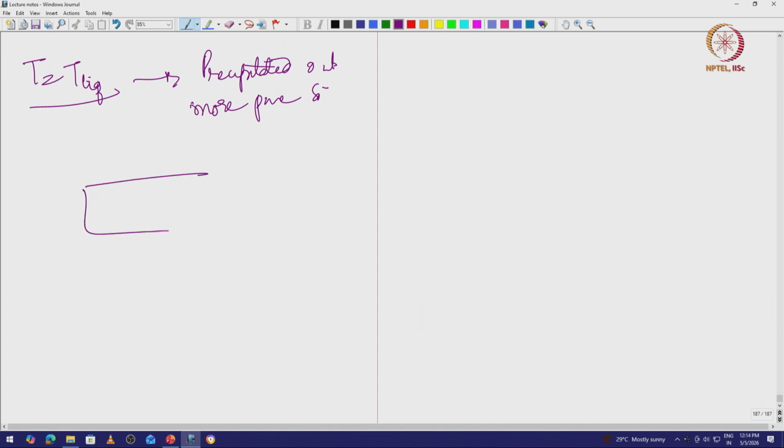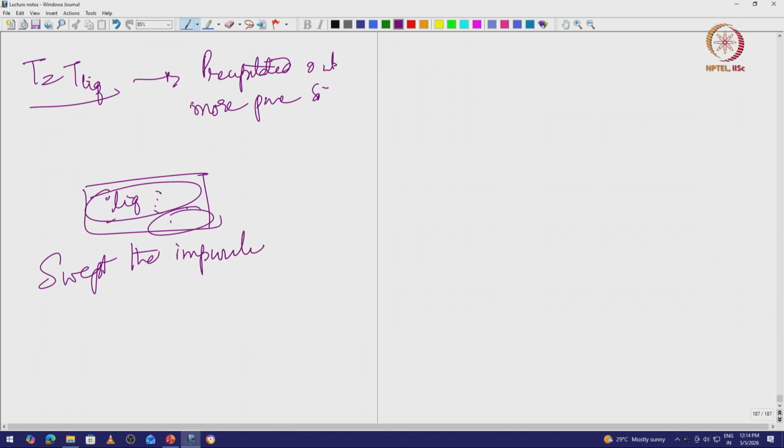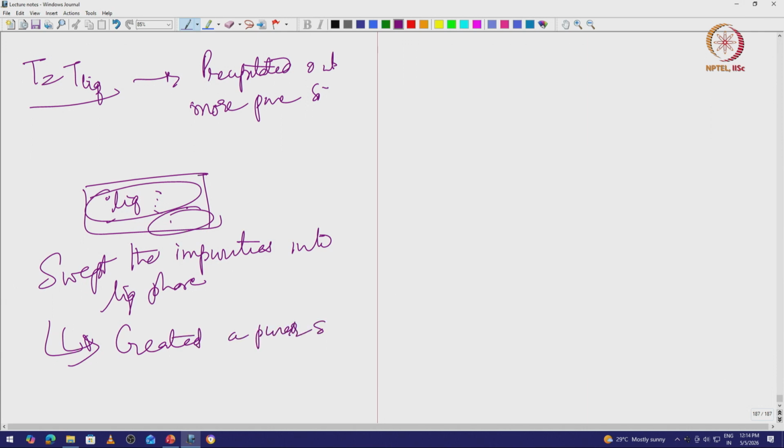So, there is silicon which has some impurities. What I did was put all these impurities in the liquid phase. I have swept the impurities into the liquid phase, and created a purer solid. That is what I did at the liquidus.